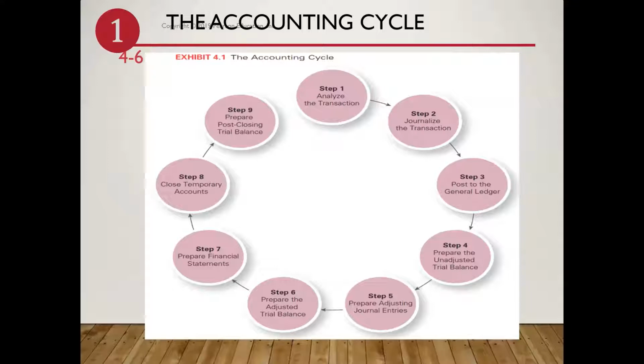My assumption is that the book did not include the first step, which is obtaining information or having the source document, because this is Intermediate Accounting 250, and your first accounting course should have included that information.